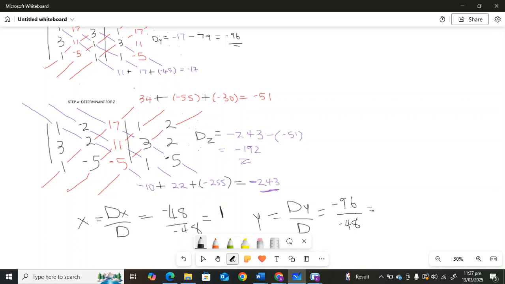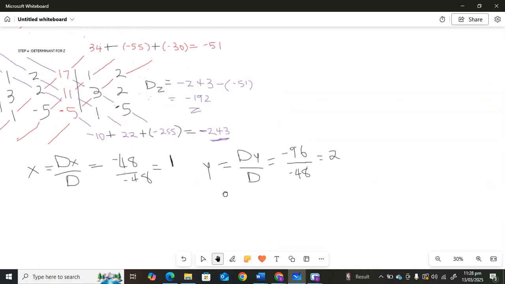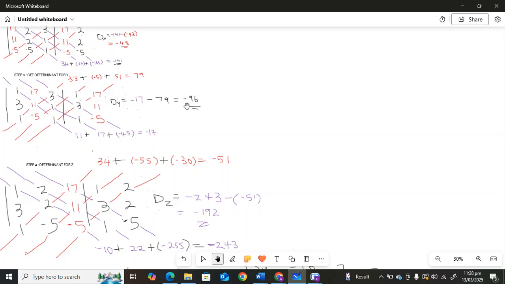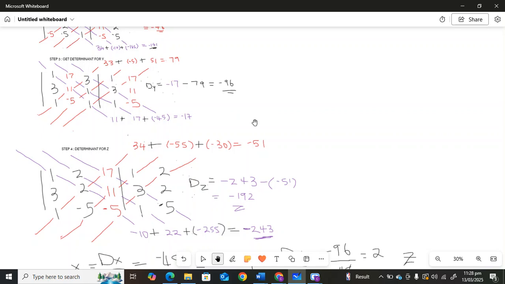Negative 96 divided by negative 48, 2. Okay. Negative 96 divided by negative 48. It's the determinant for y.